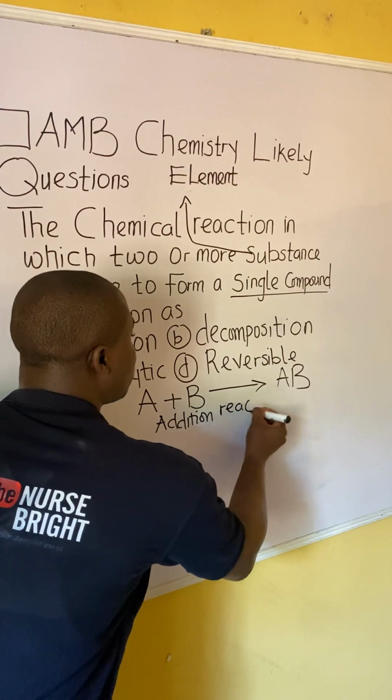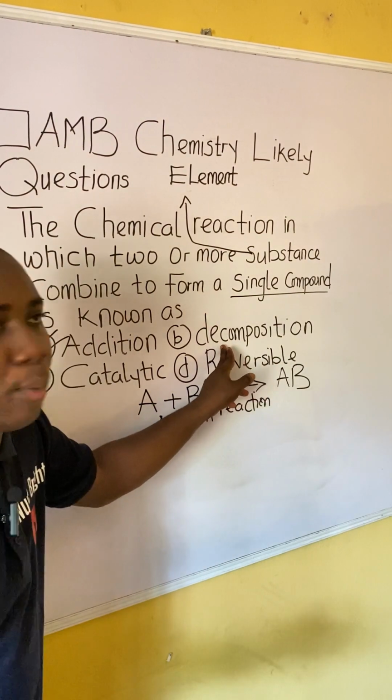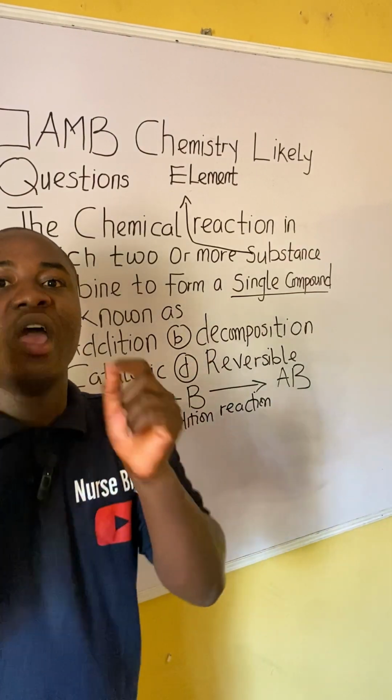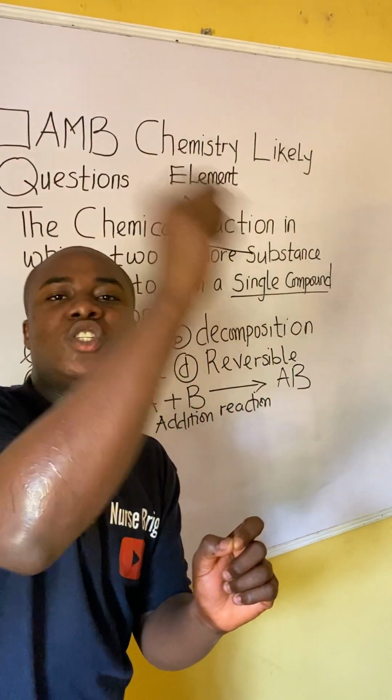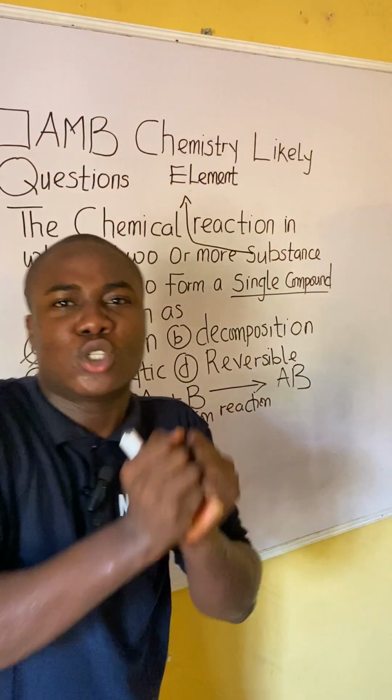So this reaction is simply called an addition reaction. Are you there? So the answer to this question becomes option A. It can be decomposition. I will explain what this means. It can be catalytic or reversible. Decomposition has to do with you breaking down something.